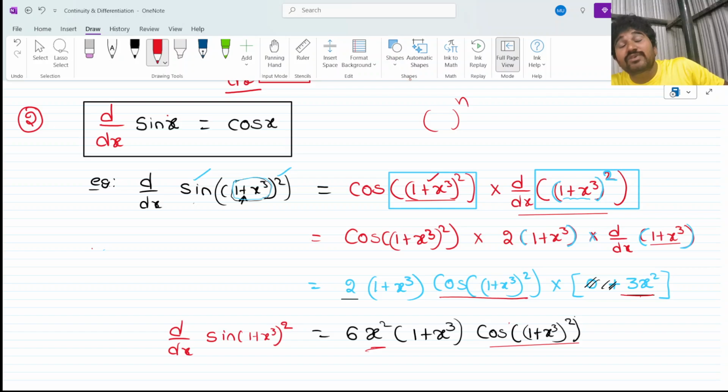Yes or no? Now what is your confusion? You clarify, otherwise it will carry on. What is your doubt? This one, right? This already I did. I rewrote it at the end. I'm not doing any differentiation now. I rearranged the step here and wrote it. Why are you feeling you have to do differentiation of this 1 plus x cube whole square?